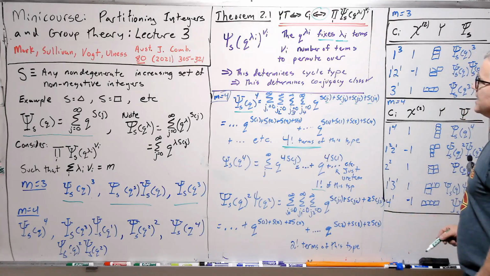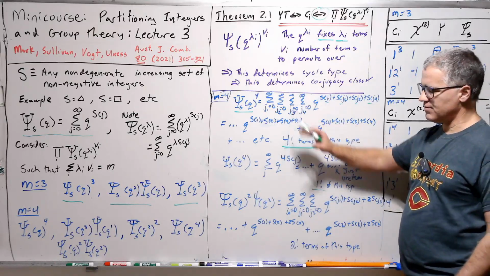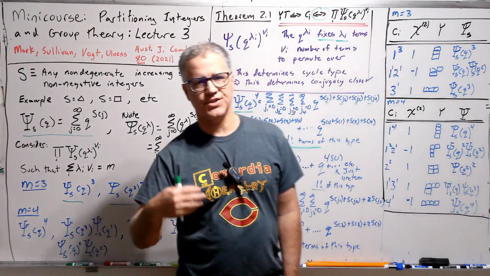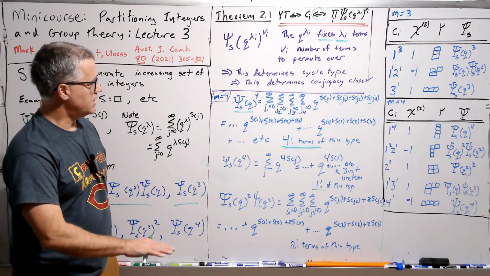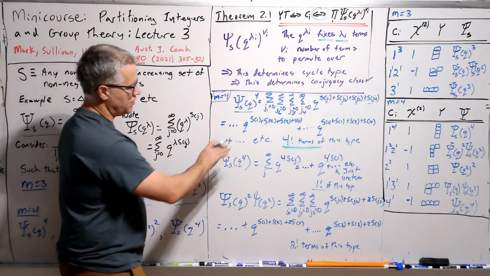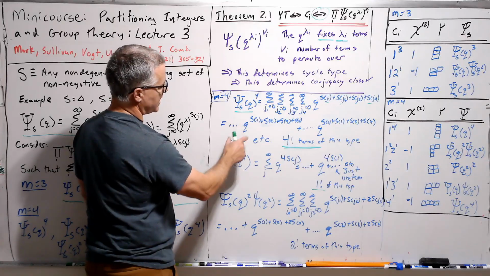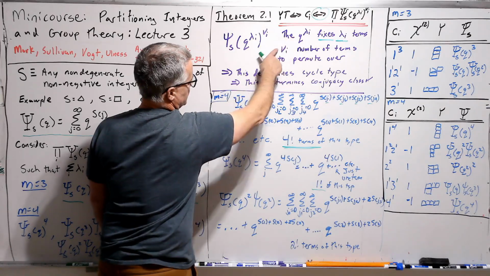And again, this is just looking at it in terms of some examples and seeing where the terms are coming from. So this is a little hand wavy here, but what we've done now is we can see that there's a connection between the cycle type and these, right?